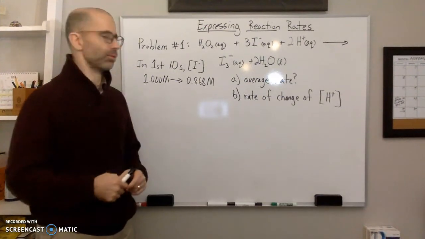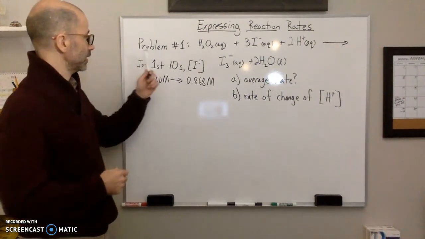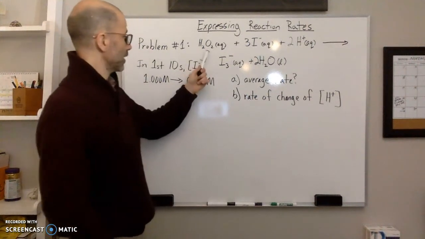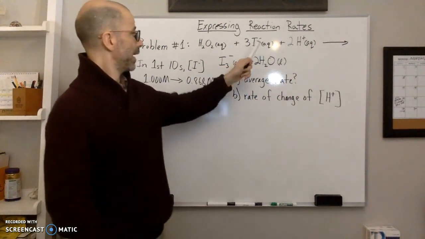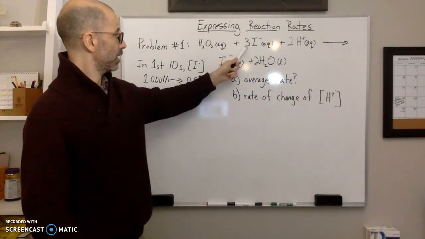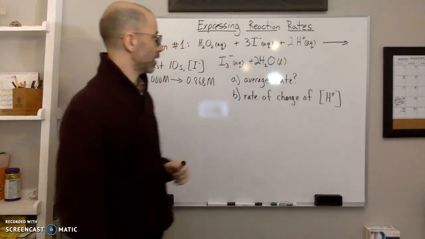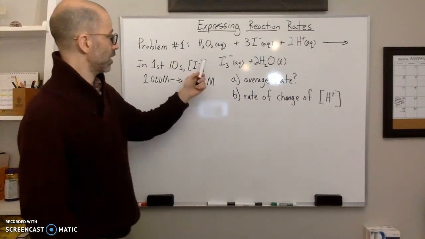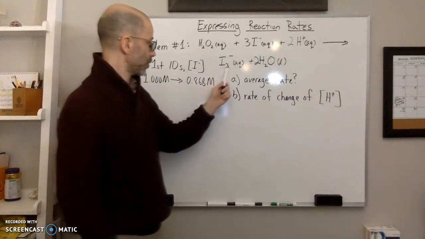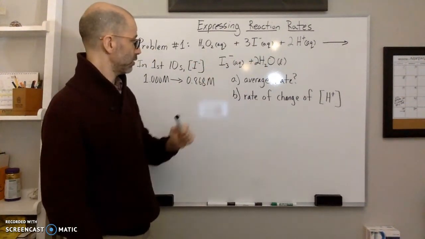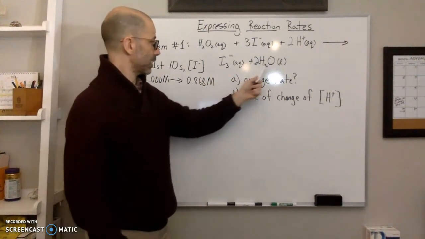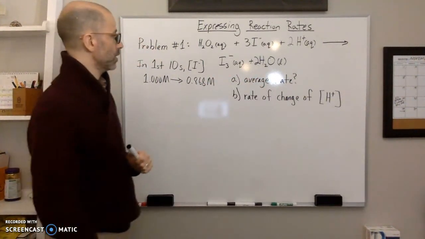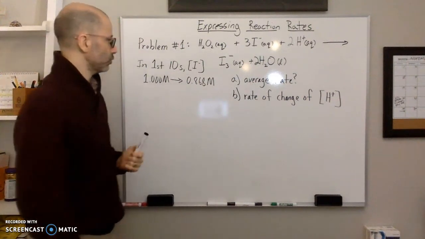So in this first problem, it is giving us an equation: hydrogen peroxide aqueous plus iodine ion aqueous plus hydrogen ion aqueous, and then this is going to give you the product of I3 ion and 2 moles of water, 2 molecules of water.